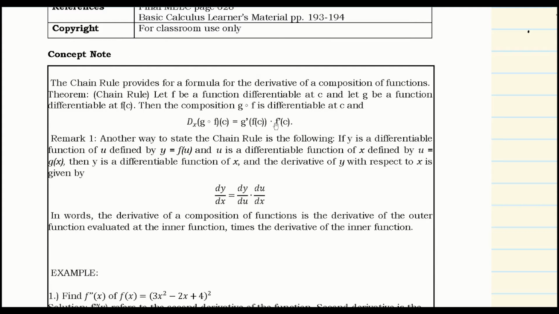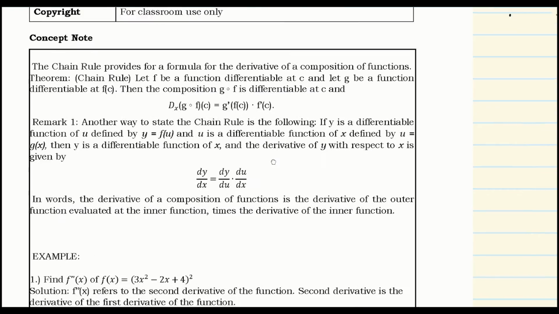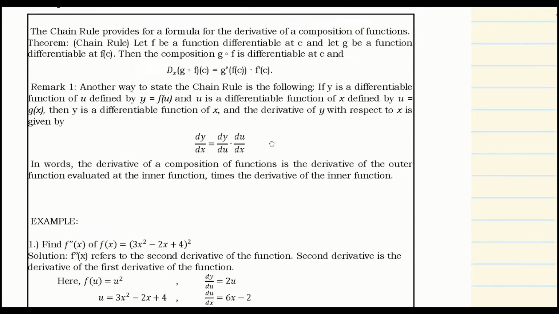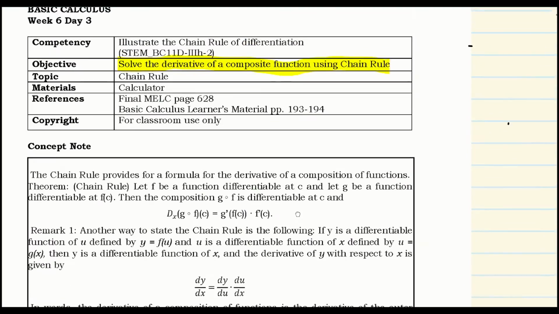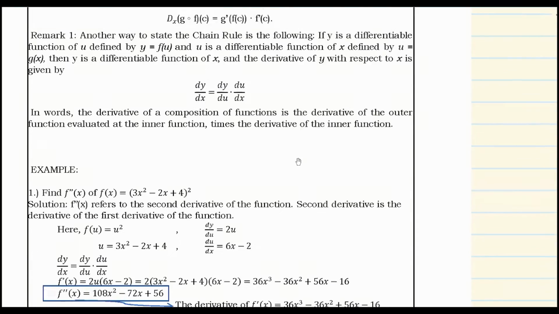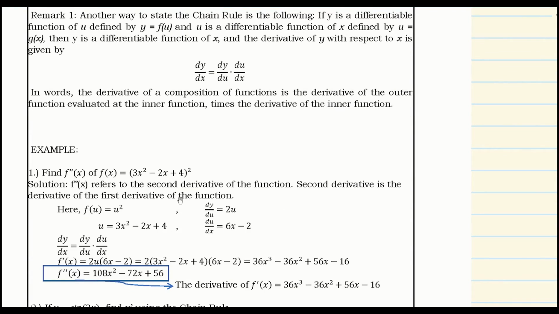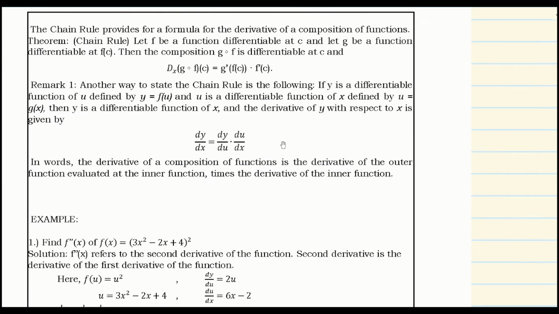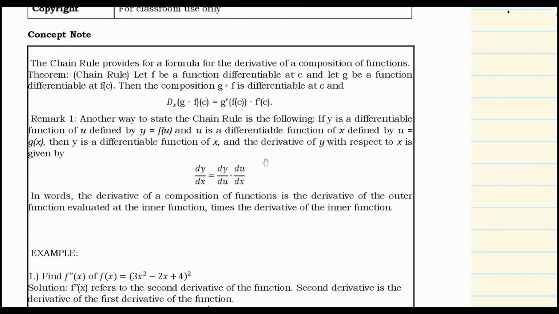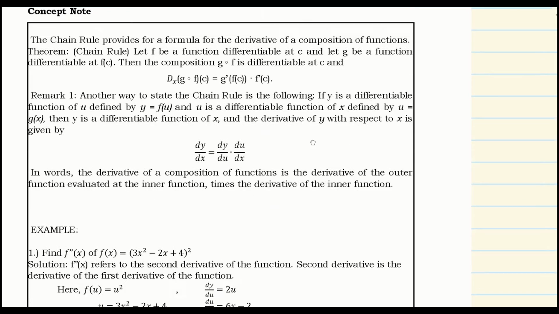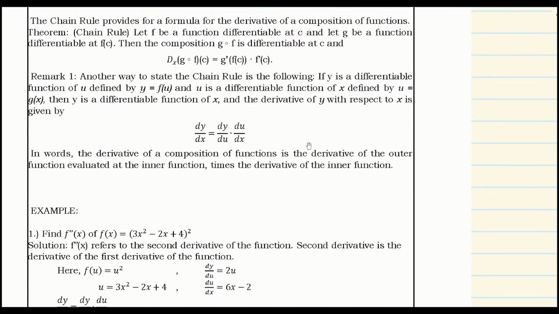So the derivative of a composite is you insert f of x into g of x, and then you take the derivative of it. Okay, it is difficult to understand what this is, simply because it is really brain cracking.